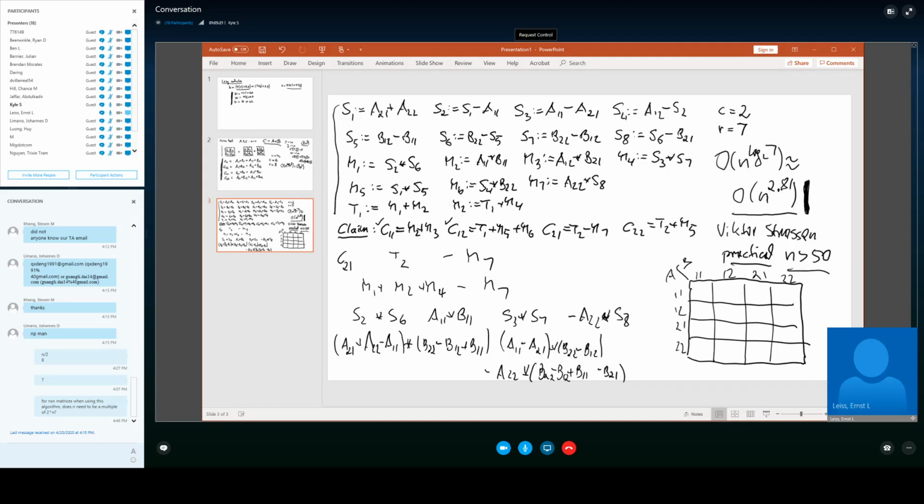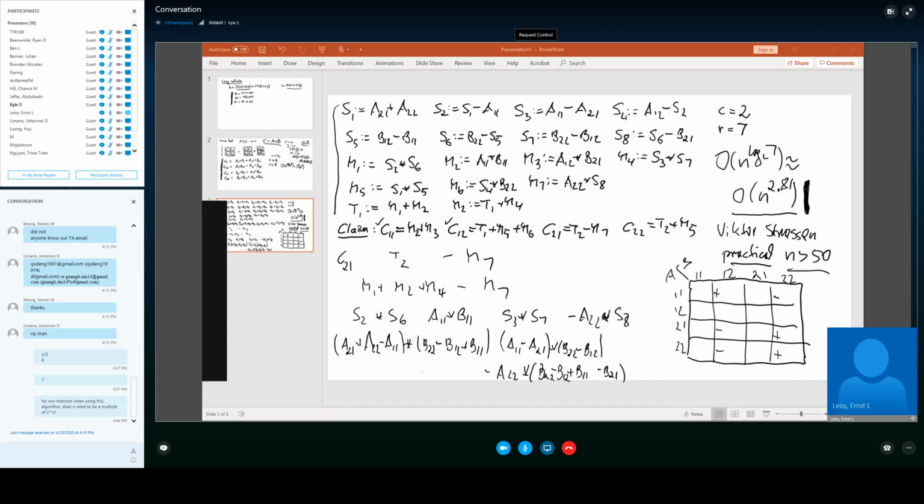This is the A21 row, the A22 row, and the minus A11 row. So this is B22. We have a plus here, and a plus here, and a minus here. Then we have the B12. So a plus here, and a minus here, and a minus here, because plus and minus is a minus, A22 minus B12 is a minus, and minus A11 minus B12 is a plus.